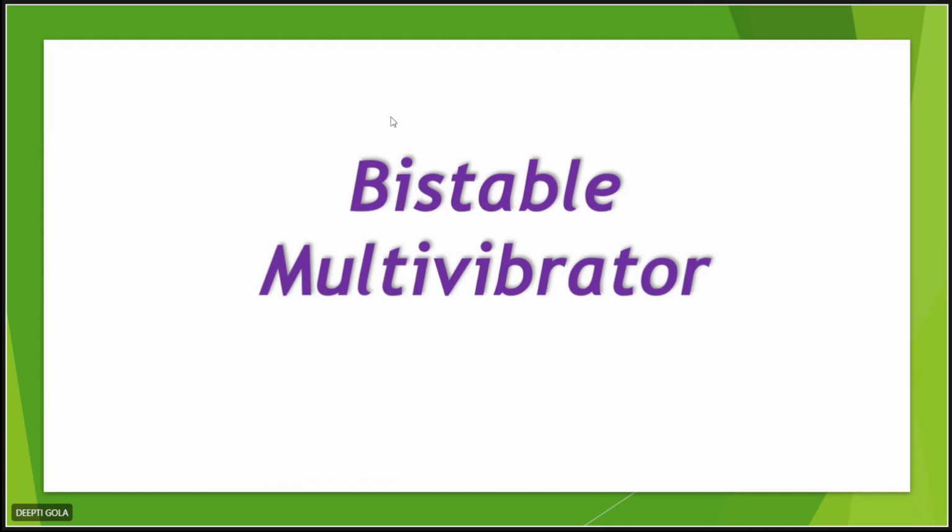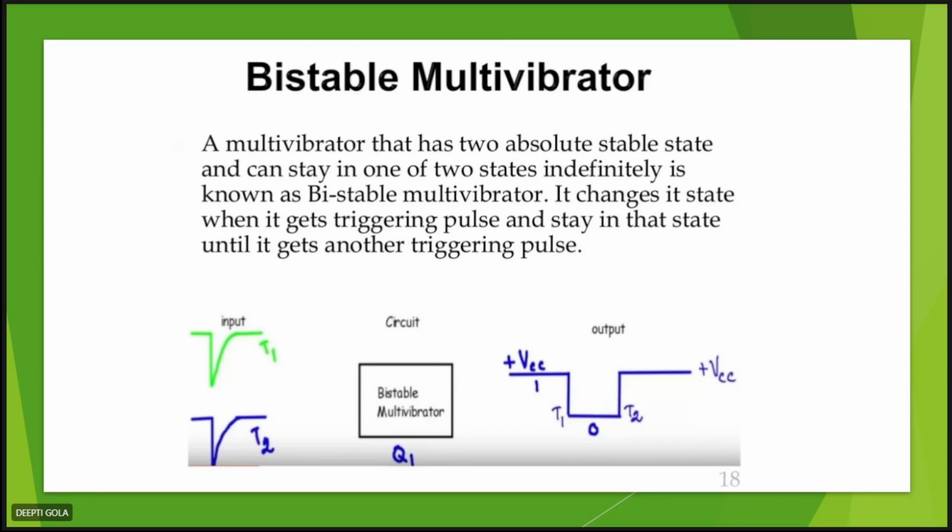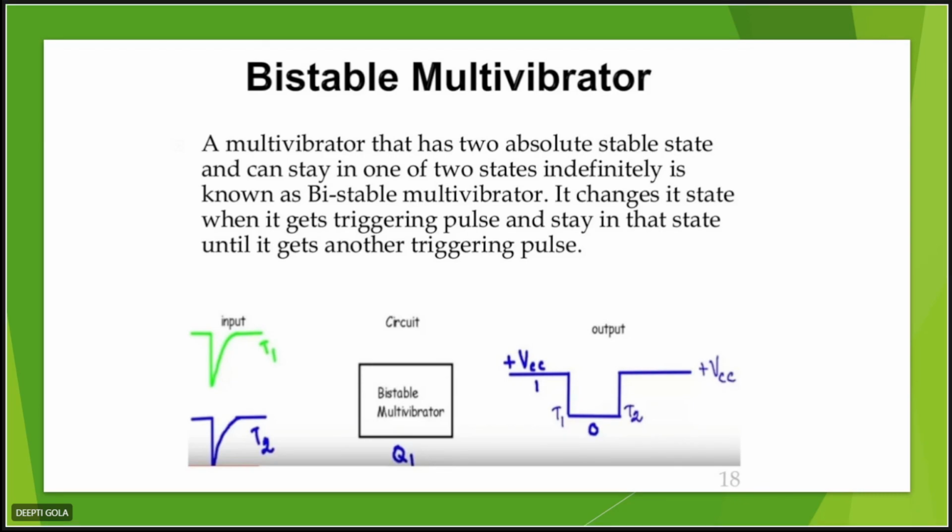Next, experiment number 9 is the bistable multivibrator. Since these two experiments are connected with each other, the working is almost the same. That is why I'm telling you both experiments. I will be explaining, so you may do one or you may do both experiments today. Okay. The bistable multivibrator has two stable states.